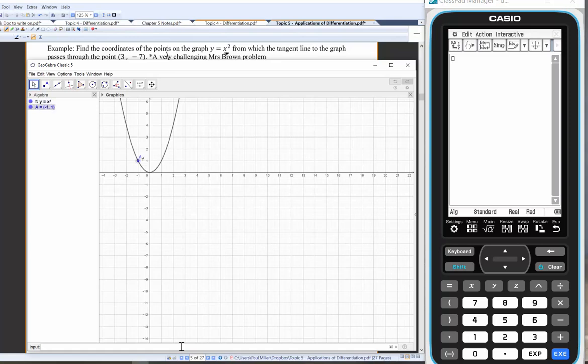Now, GeoGebra's got this cool feature, well, I think it's cool, where we can run a tangent. I'm also going to plot the point that we wanted it to run through, which is (3, -7). Now, if I've got this right, I'm going to ask GeoGebra to draw a tangent at that point there.